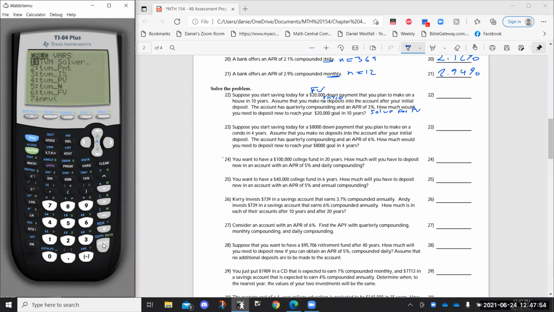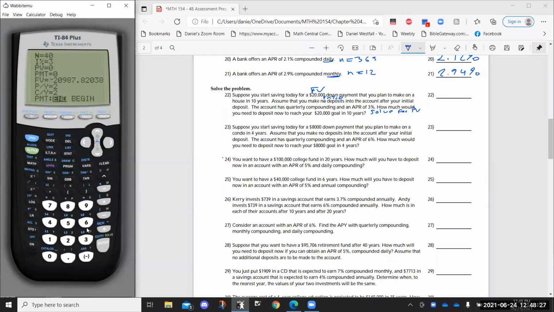Again, you can do this all by hand, but let's look at it, you want 10 years. This interest is paid out quarterly. So 4 times 10 is going to be 40. Interest rate is going to be 3%. Present value, I'm going to put a 0 there for right now. Not making any payments.